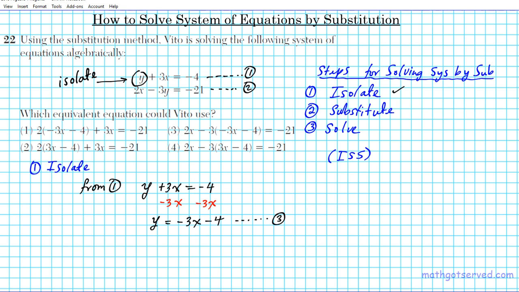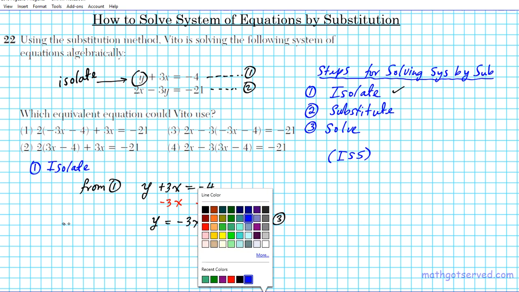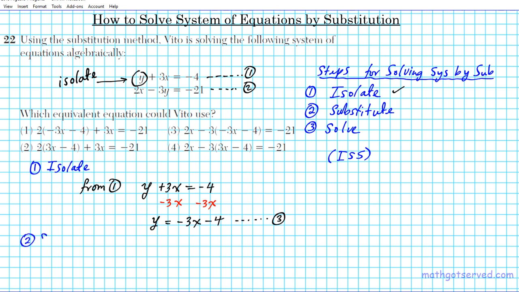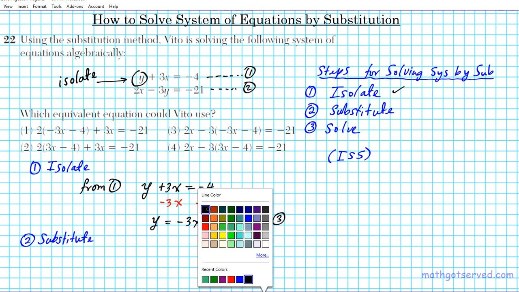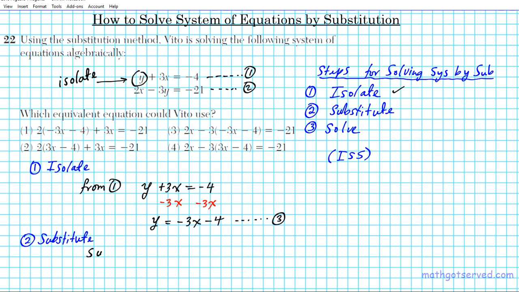So what are we about to do? For the substitution step, step number 2, we are going to substitute this value, negative 3x minus 4, for y in the other equation, namely 2.